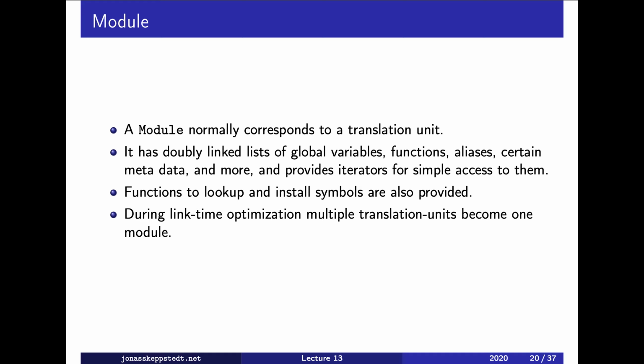And the module has information about global variables, functions, and many other data structures and iterators to make it simple to access this. And of course functions to look up and install symbols that we need.